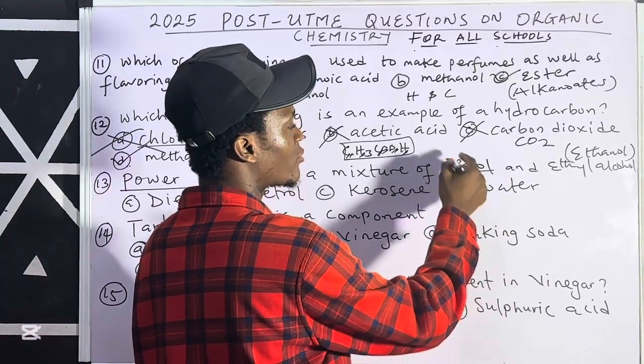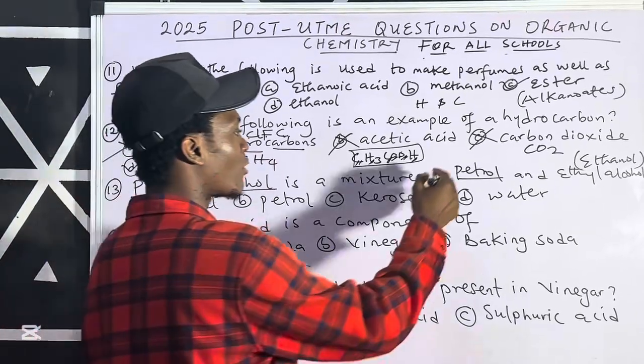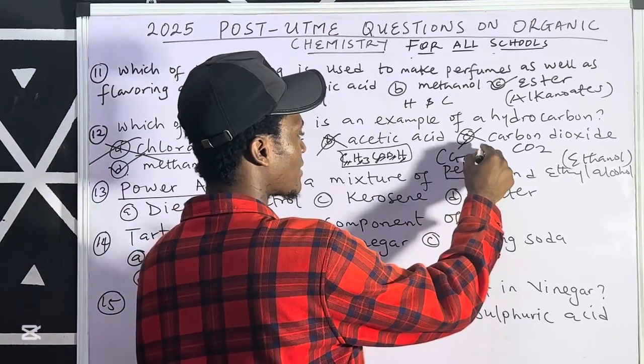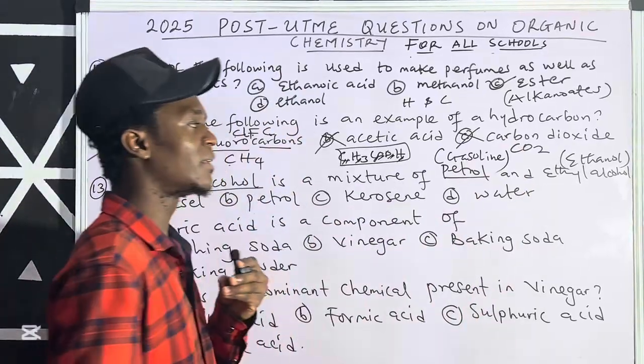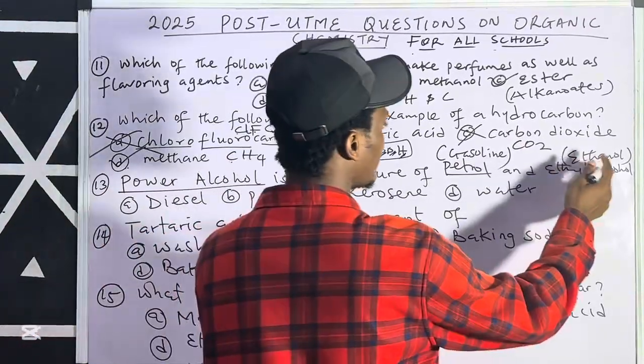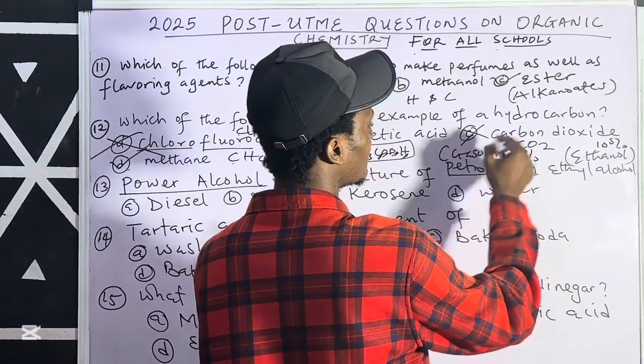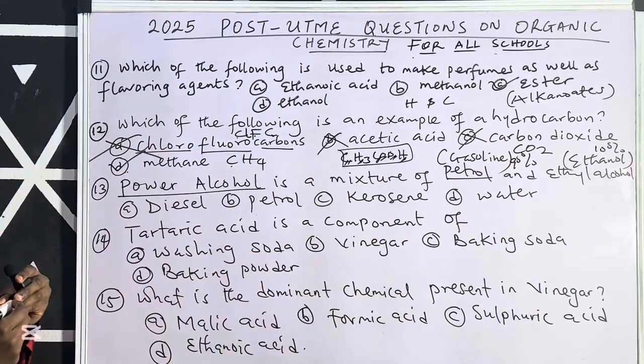Now another name for petrol, if maybe for example you check the option, you don't see petrol, you can go with gasoline. That's another name for petrol, gasoline. And what is their percentage composition? For ethanol, it's about 10% to 90% of petrol. So that's how it works, all right?